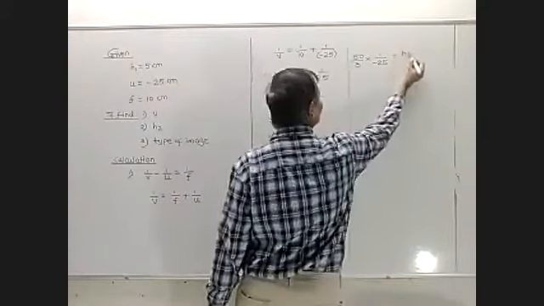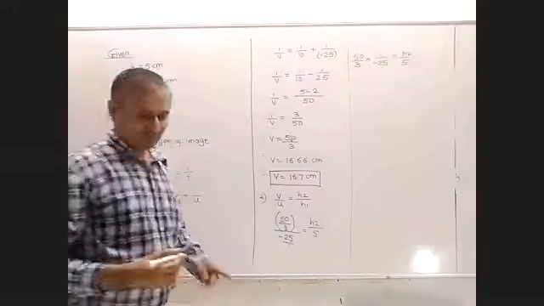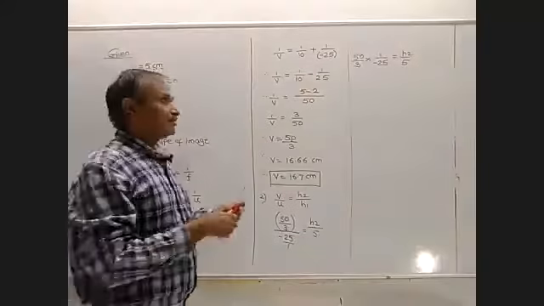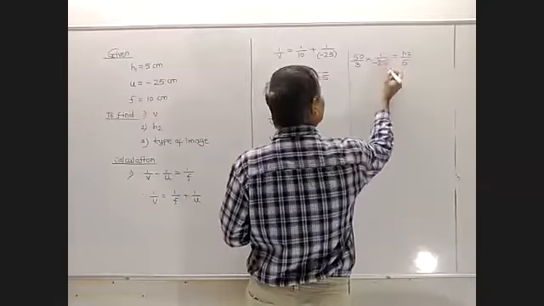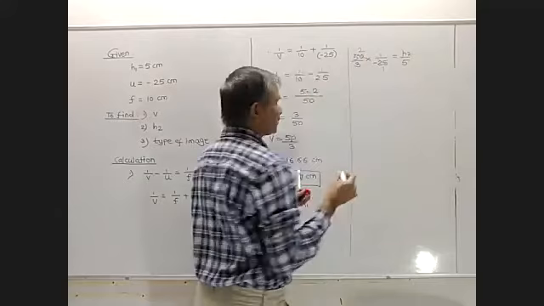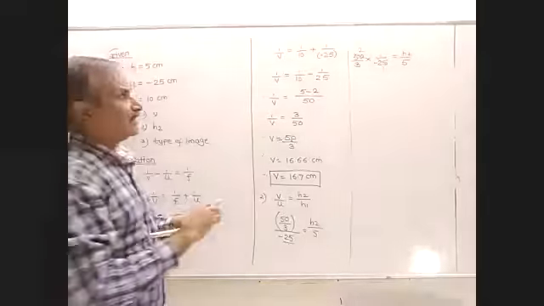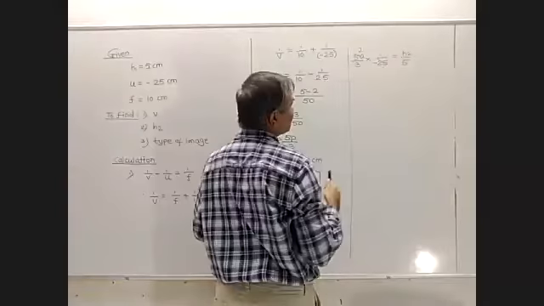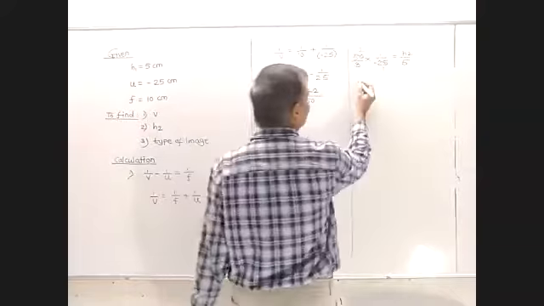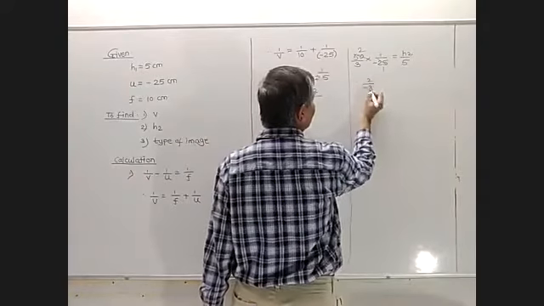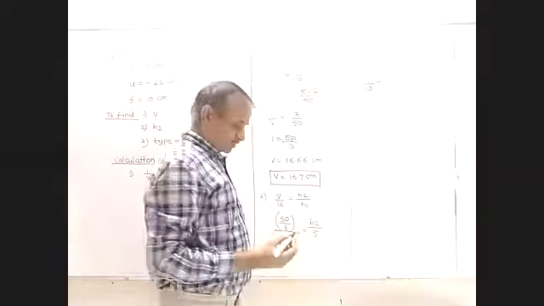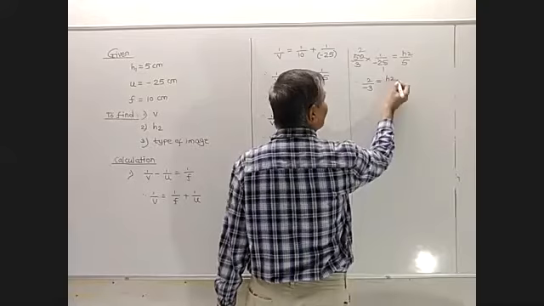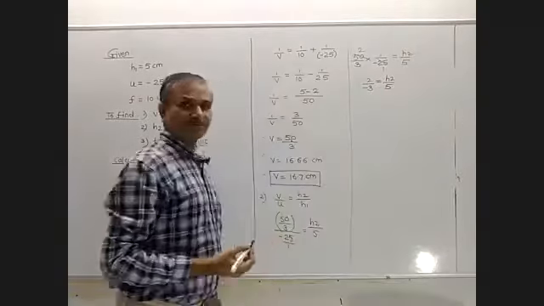So 25 into 2 is 50, therefore it is 2 upon minus 3. This is equal to h2 upon 5.